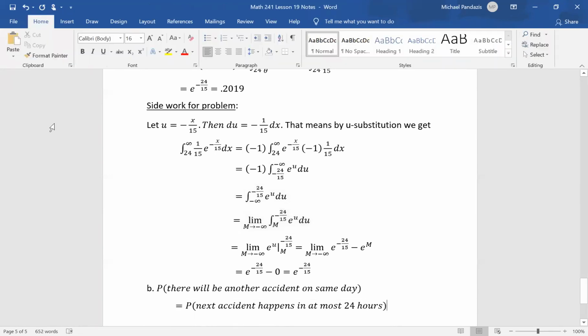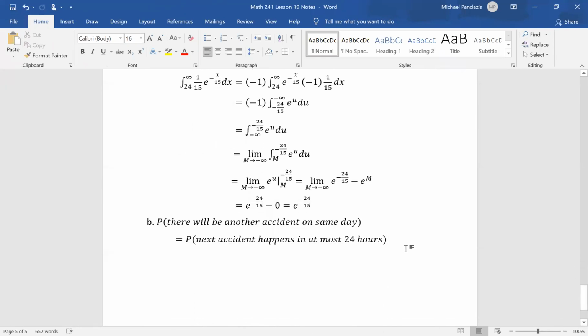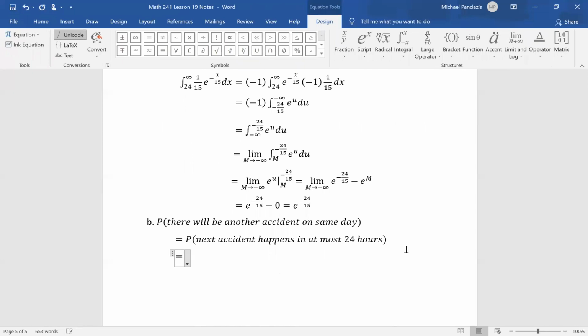If another accident happens on the same day, you could be ambiguous, because you could say, well, what if it's like 5 in the afternoon? Could mean it's not 24 hours later, right? But on the same day means within 24 hours, okay? In at most 24 hours.